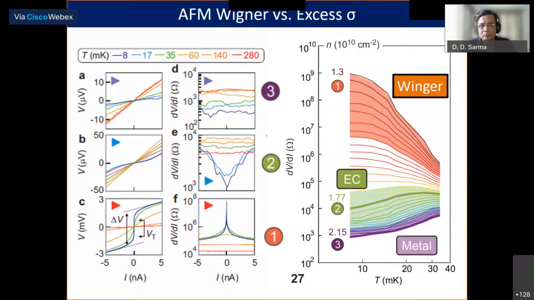If you have a dirty material and apply magnetic field, then it's very easy to observe Wigner crystallization. But in my case, in today's presentation, we see Wigner crystallization at zero field. This is the point. But at an rs parameter of unity, I don't think you can observe Wigner crystallization. This is just a metal.